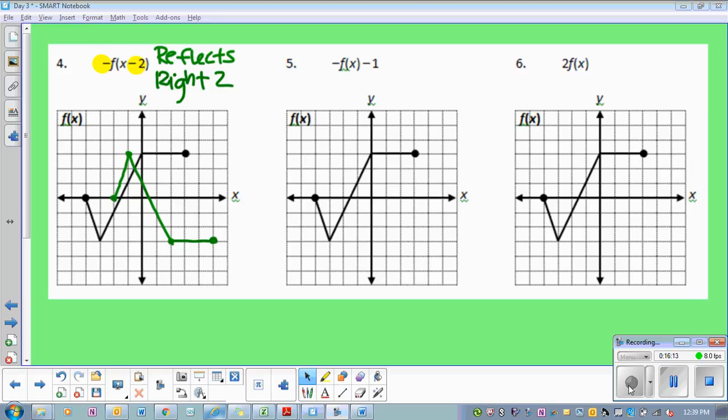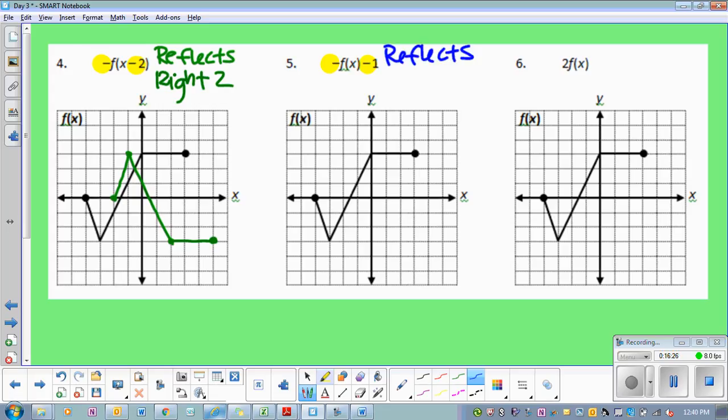Okay, so this one, you got a negative in the front and a -1 on the outside, right? So this reflects, and it also goes down 1. So this one reflects, it's down 1, right there.